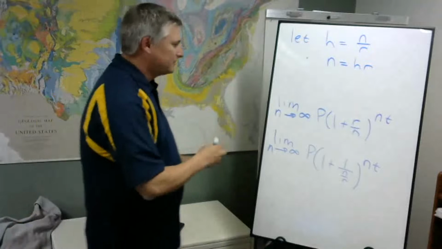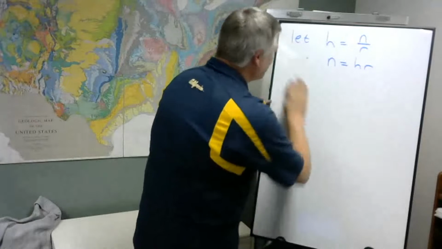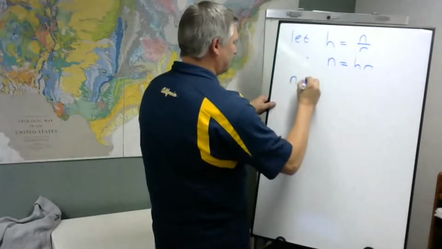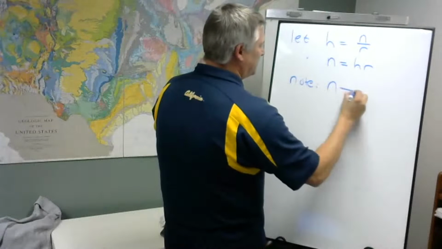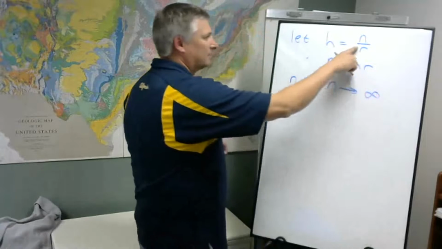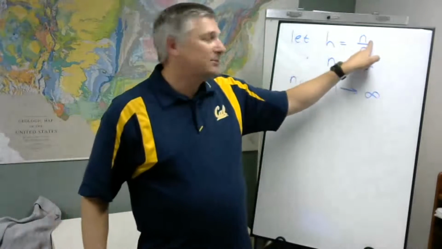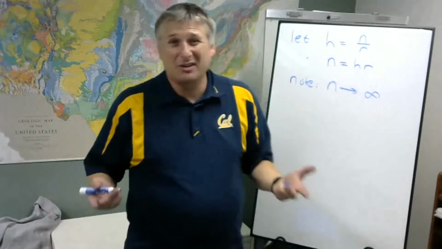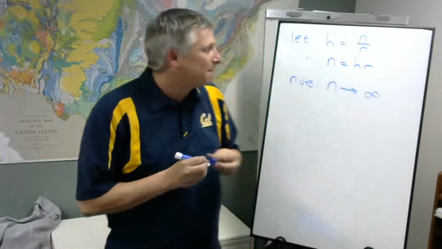So let's rewrite this. Now here's the other thing I want to make an observation of before I do any rewriting. As n goes to infinity, it gets bigger and bigger. What's happening to h? Well, if n gets bigger and bigger, even though it's divided by r, r is a constant. It's like maybe 0.05 could be r.